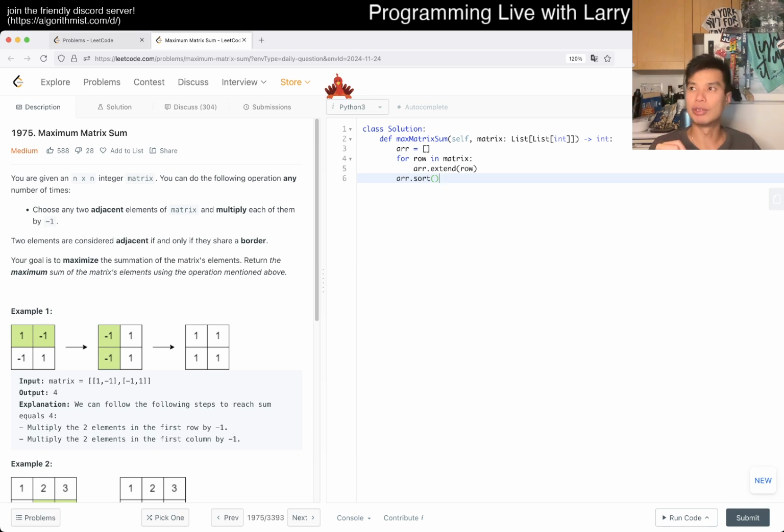That case, if you do it in a greedy way, will be the smallest in absolute value in the negative one and the positive one, because for the positive side, it doesn't make sense to choose any other ones.